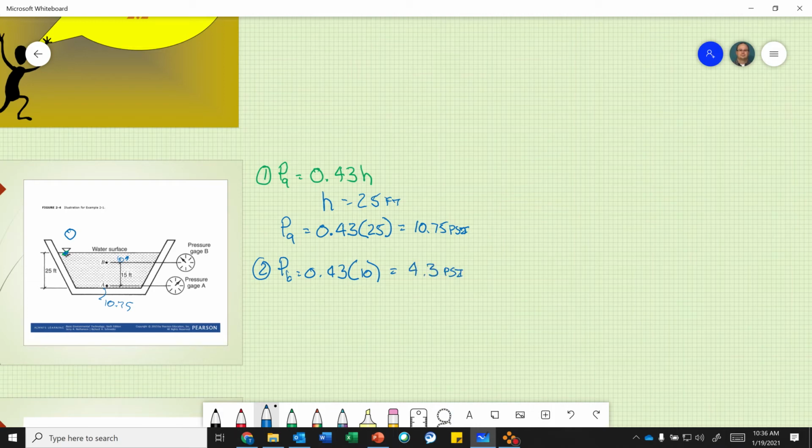So be careful when you read a problem. It says 15 feet from the bottom, but remember, I always have to start from the water surface down. 15 plus 10 is 25, so that means point B is 10 feet down from the water surface. Okay, so that's that example.